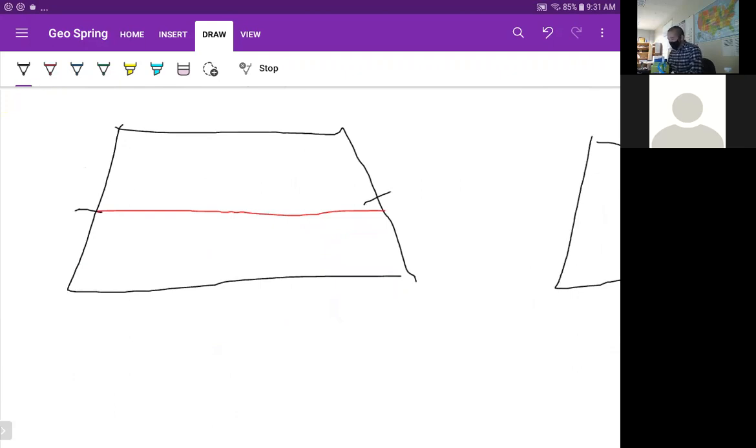It's going to be 2 times the mid-segment equals the top line plus the bottom line. That's the mid-segment formula.